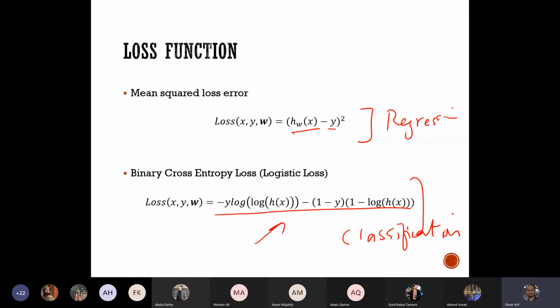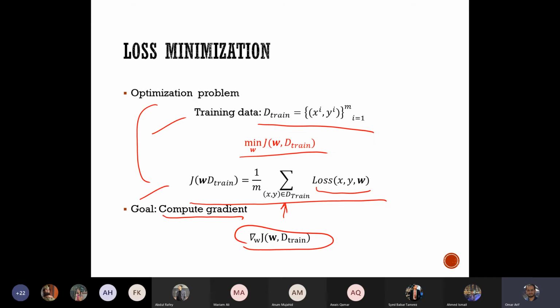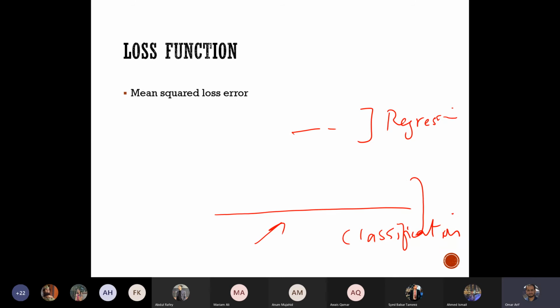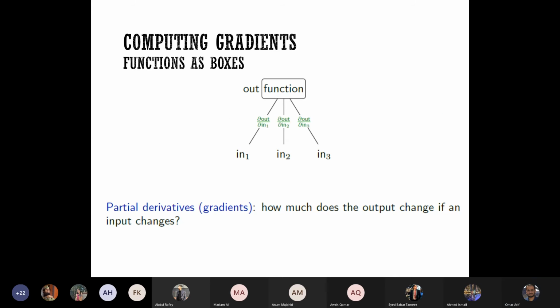Once we define the loss function, then the objective is to actually compute this gradient. And as I discussed before, when you have a deep neural network where there are multiple hidden layers, we have to use the chain rule to compute the derivative. And in order to understand this chain rule, we're going to start from the basics.